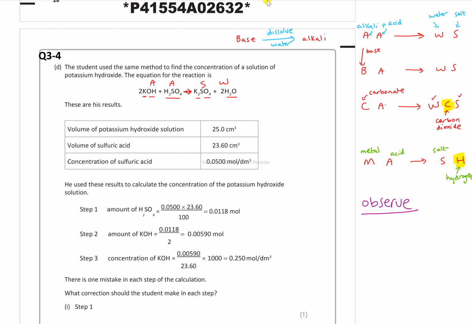What are you going to see with your eyes? You're going to see effervescence. This is another name for bubbles or fizzing. So if they ask you what you're going to observe with this sort of reaction, you'll see bubbles, effervescence.